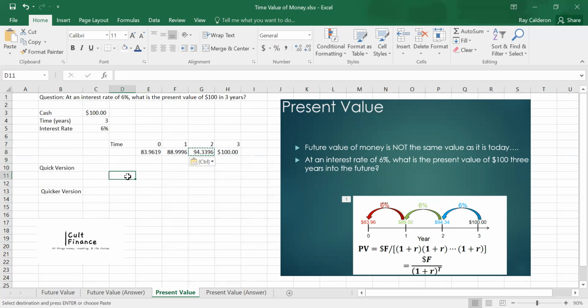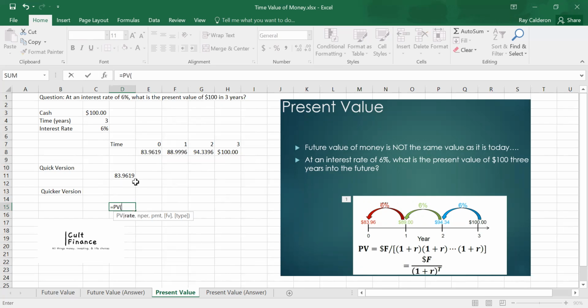A quicker way of doing that is by taking the future value and dividing it by 1 plus the interest rate, and then again raising it to the third power, and that'll give you the $83.96. A quicker version of that is actually using the present value formula.